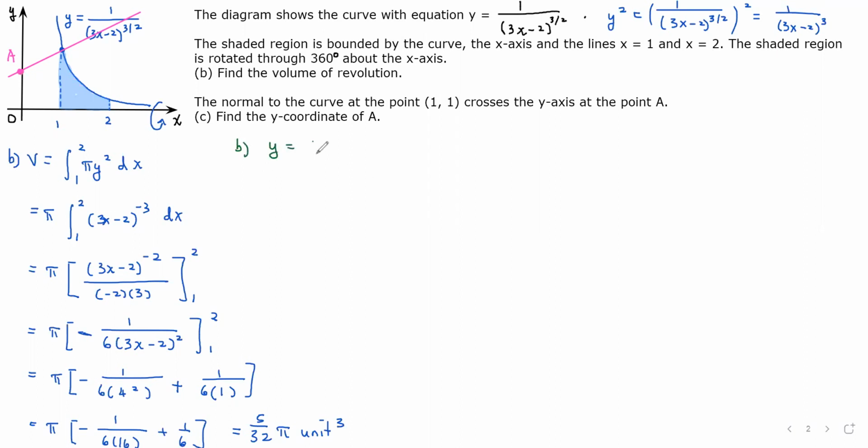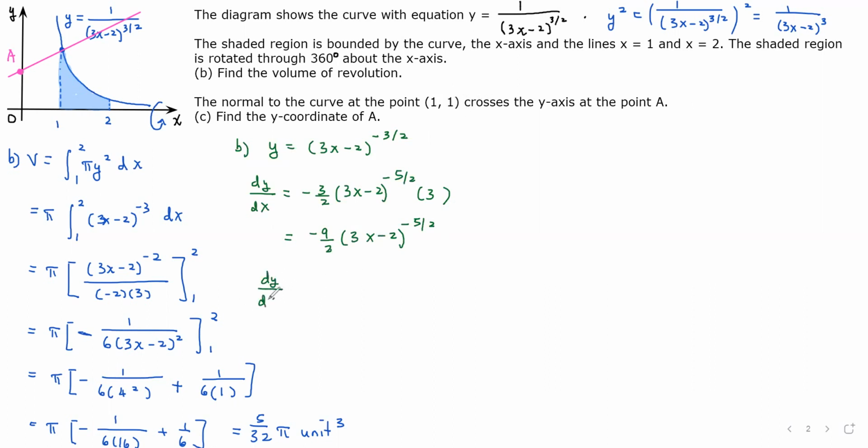So y is (3x minus 2) to the negative 3/2. dy/dx is negative 3/2 times (3x minus 2) to the negative 5/2 times 3. Apply the chain rule. So we have negative 9/2 times (3x minus 2) to the negative 5/2. At the point 1, 1, x is 1.